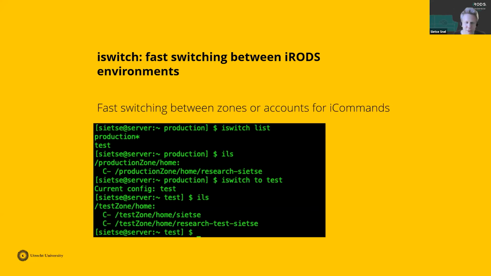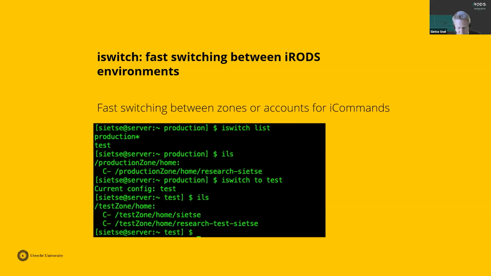The last tool is iSwitch, which can be used for switching iCommands quickly between multiple environments. So a typical use case would be where you have a client on a system that needs to talk to multiple iRODS zones, or you would like to use multiple user accounts for testing, for example.